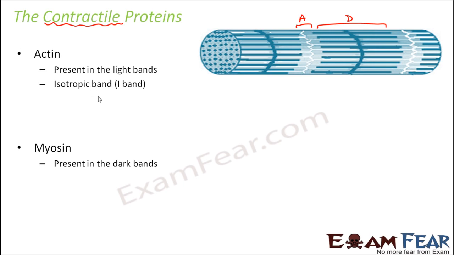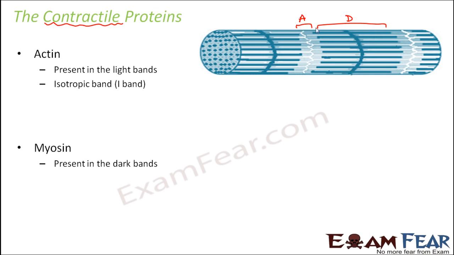So actin forms the isotropic band, which is abbreviated as I band. Now what is the meaning of isotropic? The term isotropy means something where the properties are the same throughout the region. In this picture, wherever you have the white colored lines, that represents the light region, the protein actin, and wherever you have the dark blue colored line, that represents myosin.